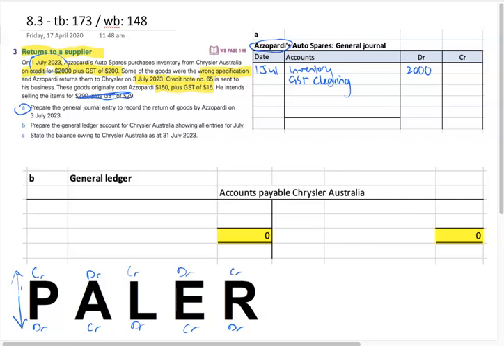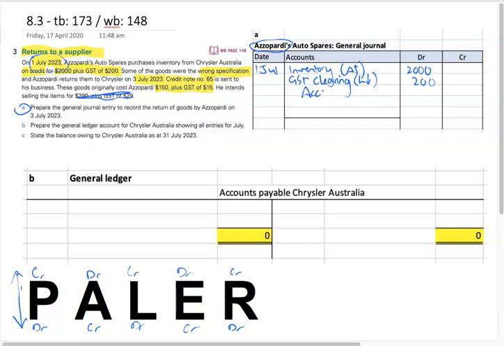We think of GST clearing always as a liability. So inventory is an asset that has increased. GST clearing is a liability that has decreased because it's reduced how much we owe to the government. And we look at the table down the bottom, and a liability decreasing is also a debit of $200. What is the other side of this transaction?